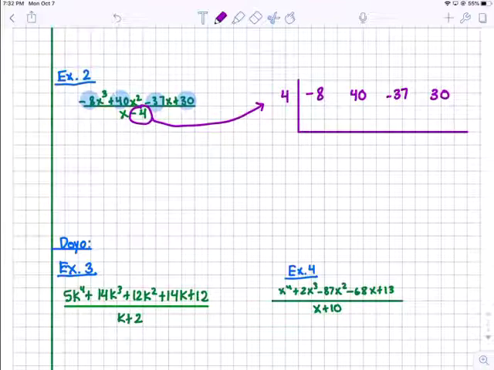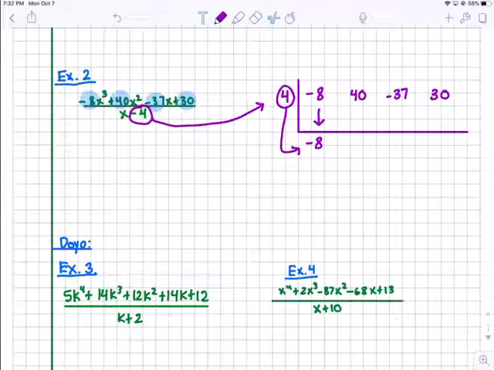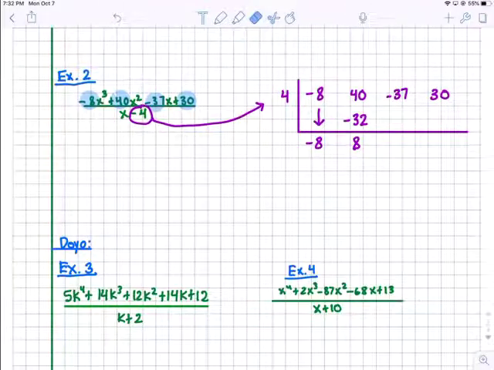Now let's do synthetic division. We drop it down. We got -8. Now here we go. Multiply. And then you add. Multiply.